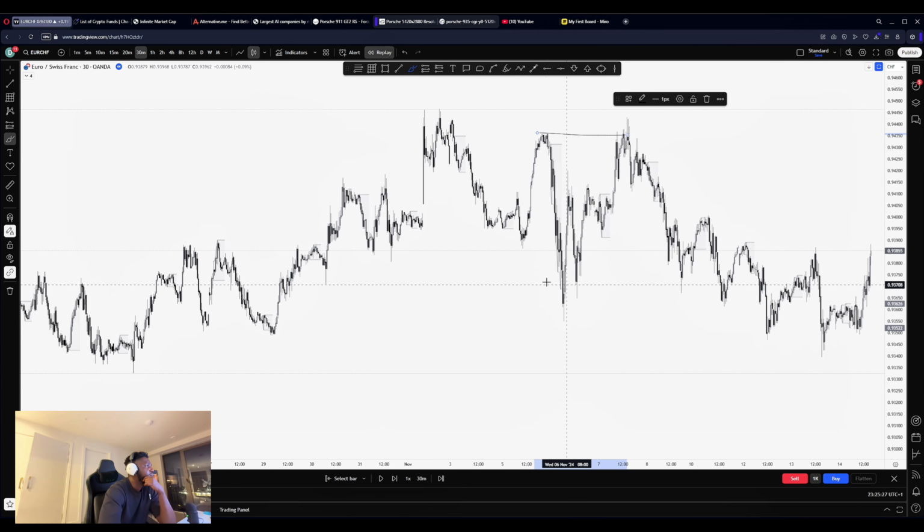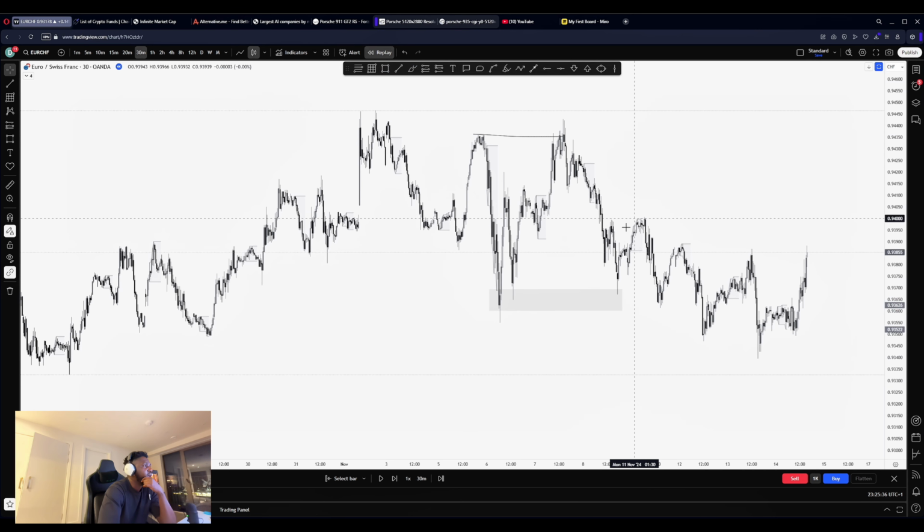It leaves this order block here. This order block gave a reaction, and the reaction could not take out this high right here. It could not take out this main high right here before it failed.